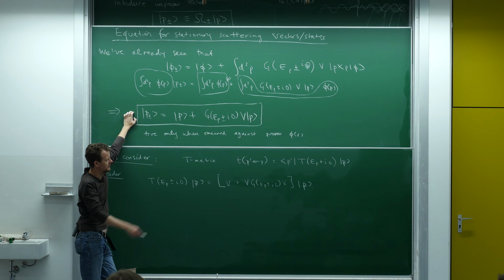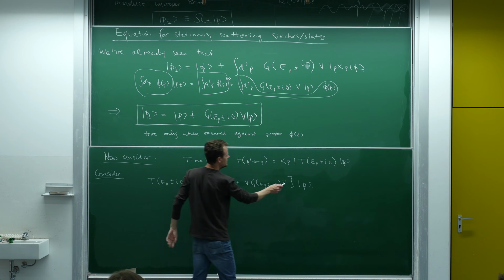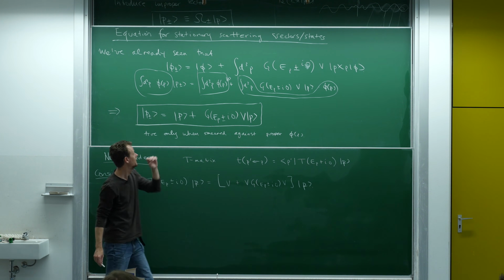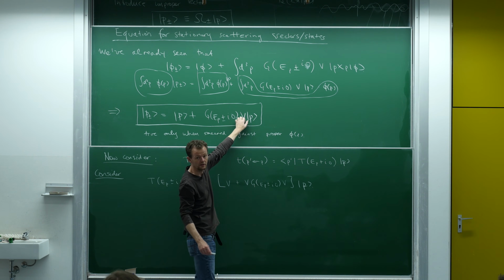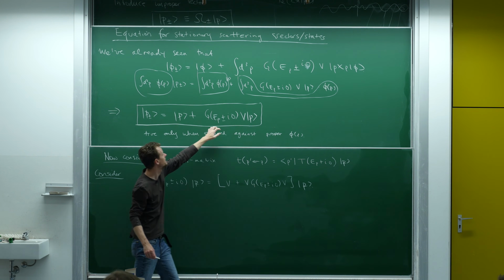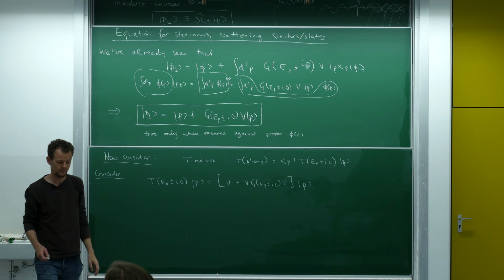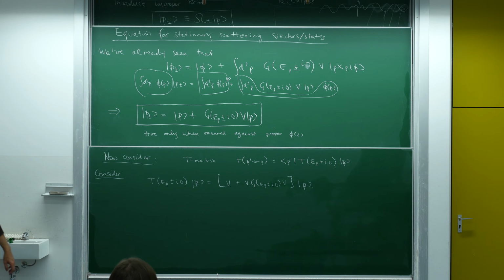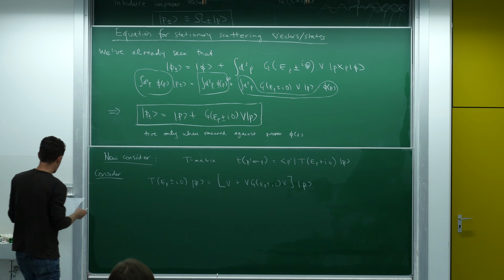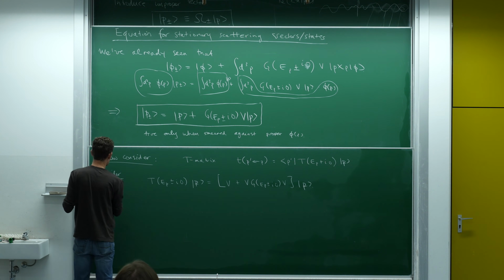So if you look down here, we've got this GVP. And GVP appears here. So GVP can be expressed in terms of p and p plus minus. And that gives our first equation that we need.